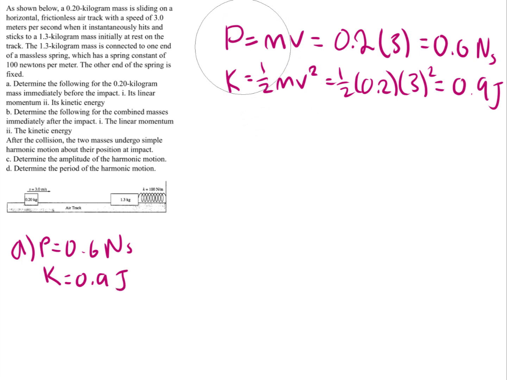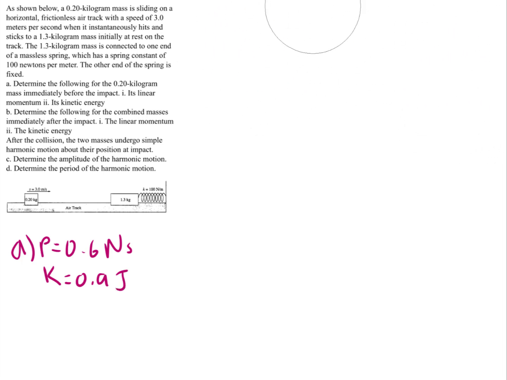So that's what happens initially. Now B asks us to determine the following for the combined masses immediately after the impact: the linear momentum and the kinetic energy. From momentum conservation, we know that the momentum before a collision is always equal to the momentum after the collision. And this is always true no matter what.